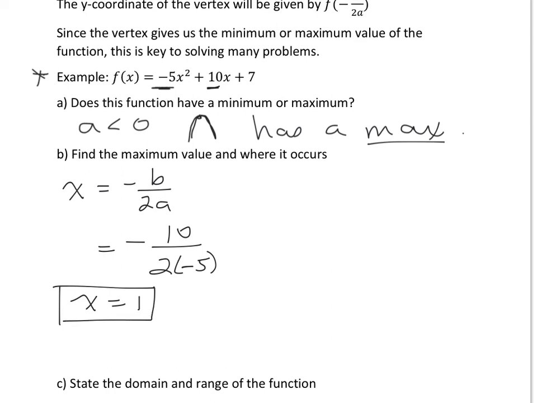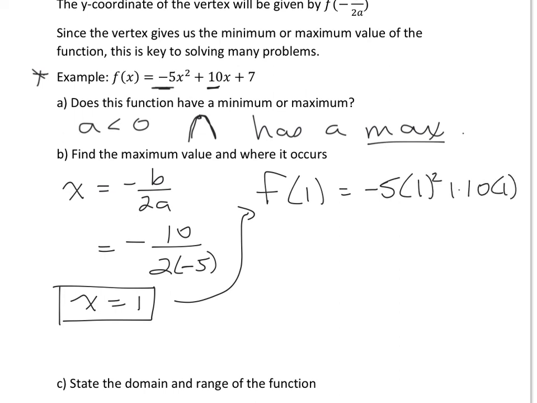We can substitute that into the original equation now and say that f of 1 equals negative 5 times 1 squared plus 10 times 1 plus 7. Sorry, ran out of space there. So f of 1 equals 12.